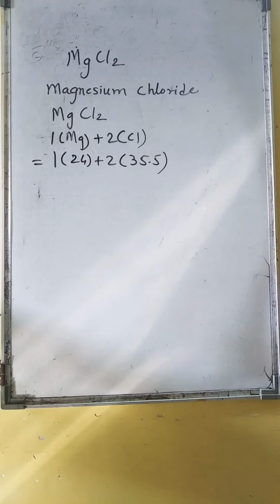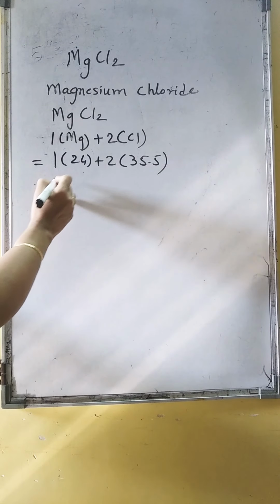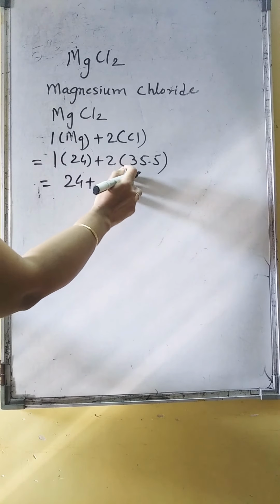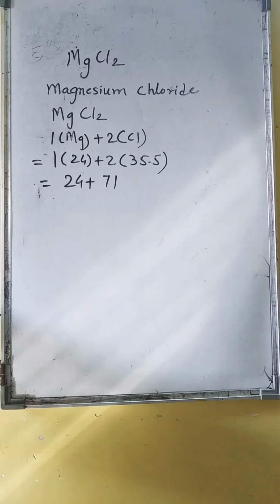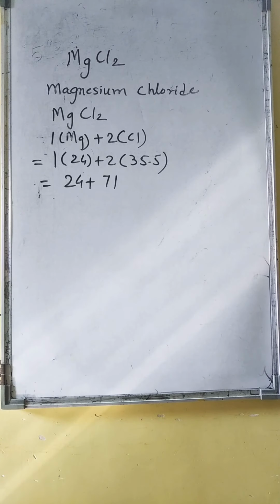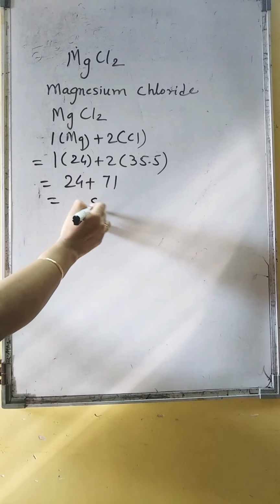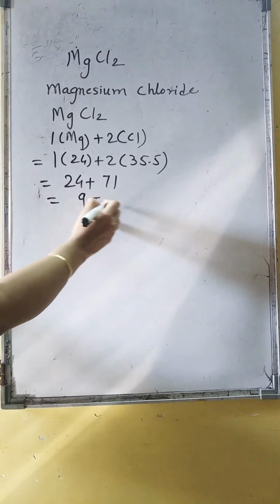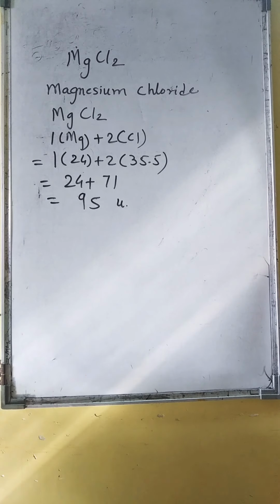Okay. So it is 24 plus 71. 24 plus 71 is 95. So 95 Dalton.